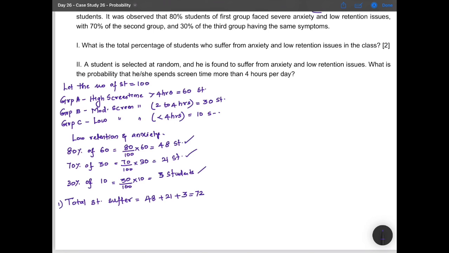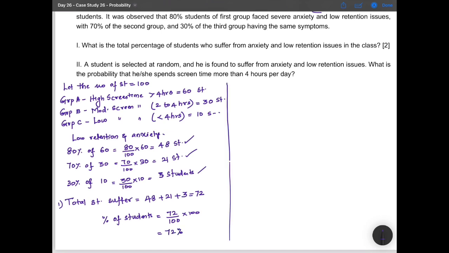The question is asking for percentage. So percentage of students will be equal to 72 upon 100 into 100, which is 72%.